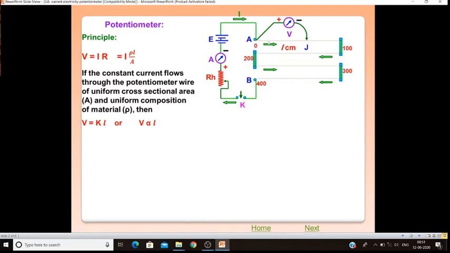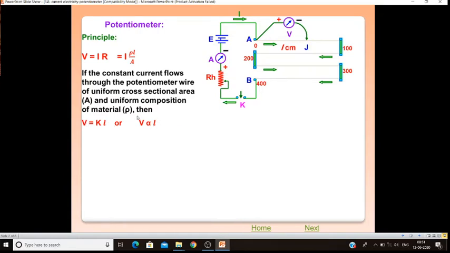Here its principle is that voltage drop is directly proportional to the length of wire. From Ohm's law we know V equal to IR and R equal to rho L by A. So V equal to I rho L by A. Now if a constant current flows through the potentiometer wire of uniform cross-sectional area and uniform composition of material, then we can say V is proportional to L, or V equal to KL.